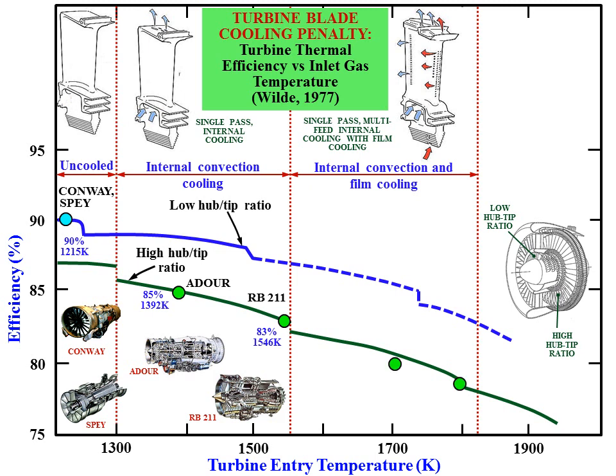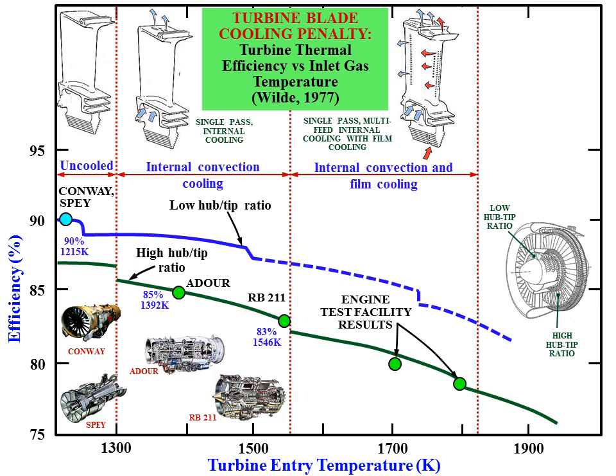From the result of Wilde in 1977, clearly we can see that no jet engine used this kind of blade. This kind of blade was still under investigation during that time.